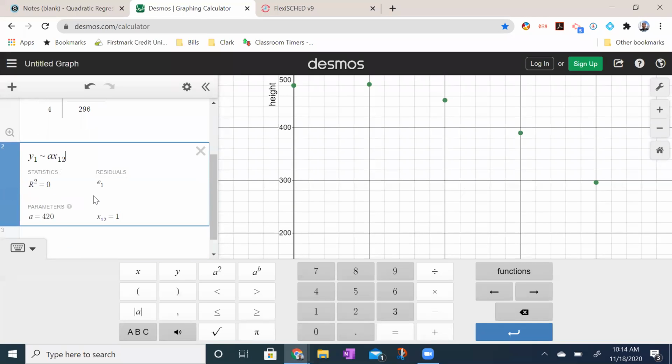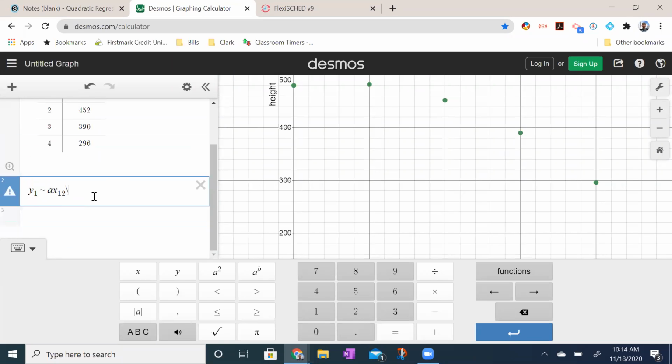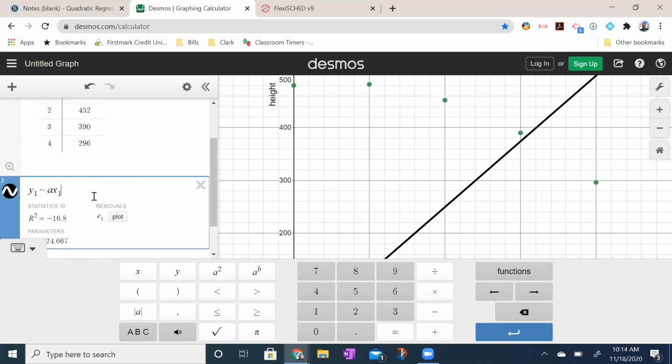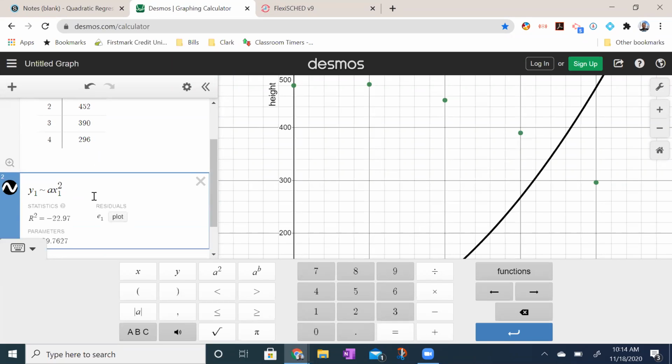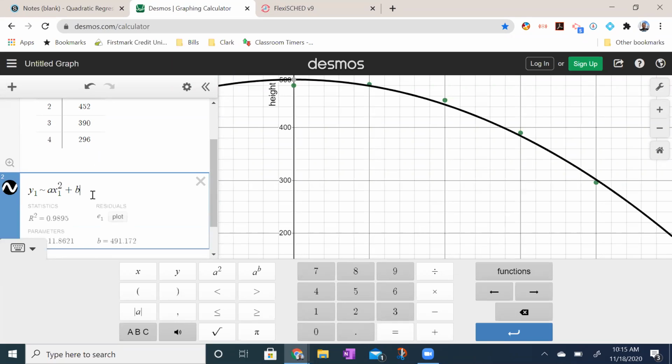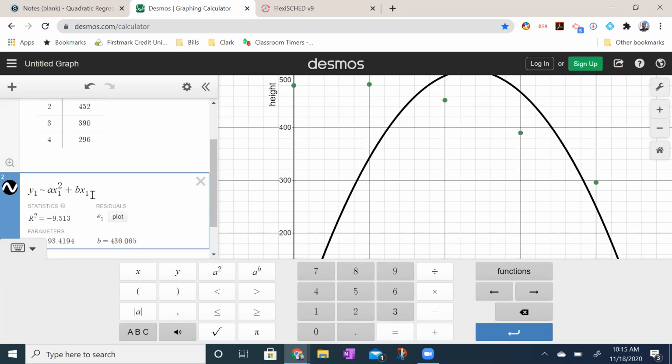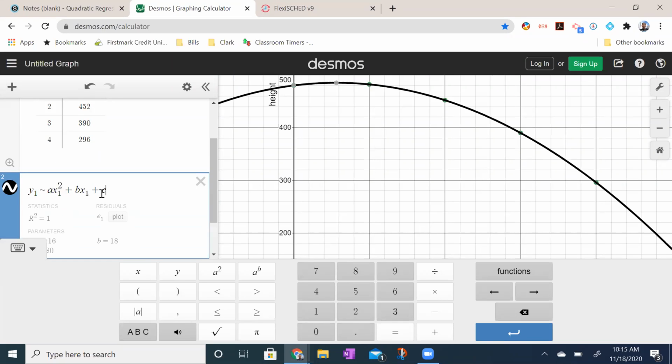Don't forget to square it. Squared, there we go. Also, if you look at my cursor, you see how it's still in the power. Be very careful that you arrow to the right and make sure it's not in the power there. Okay, so then plus bx1, with a subscript 1 again, and then plus c.